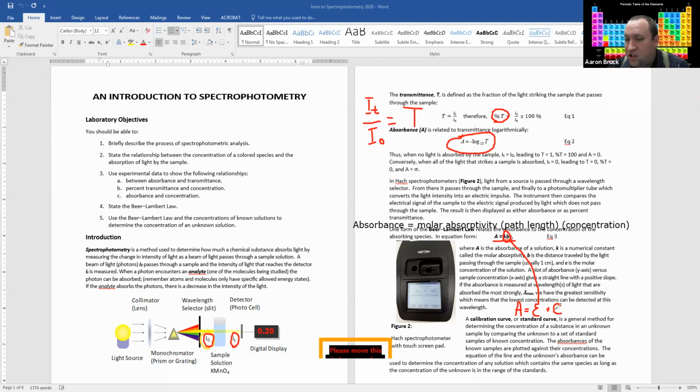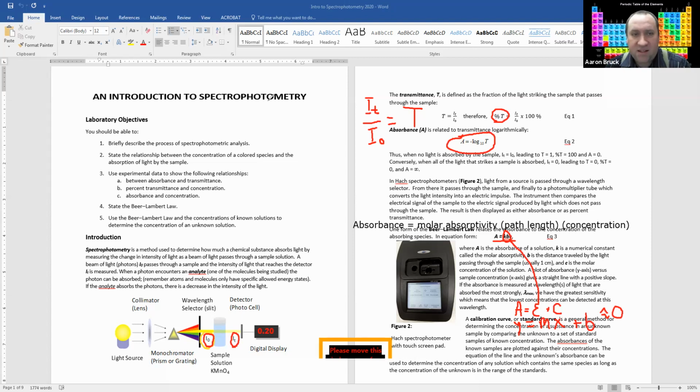And since the relationship between them should be relatively linear, think about this in terms of y equals mx plus b. Our m would be the molar absorptivity, our x would be the concentration, and b should be roughly 0 here because if there's no substance there, it shouldn't absorb any light.